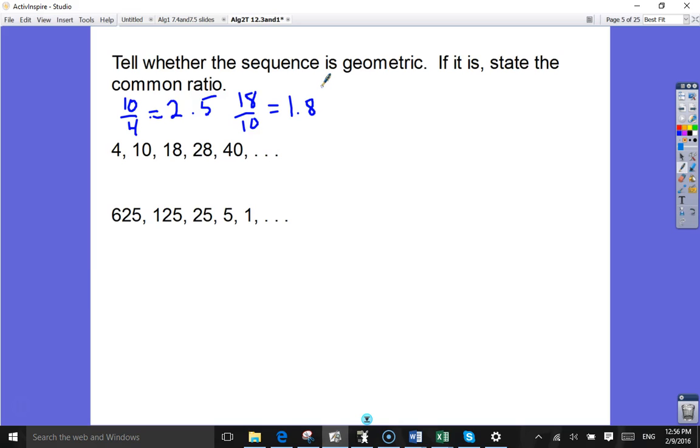So all I did is check the first 3 terms, right? And there's not a common ratio between those. So I can stop. This is not geometric, right? I just divided 10 by 4 and 18 by 10. Okay, so this will be not constant, not geometric.